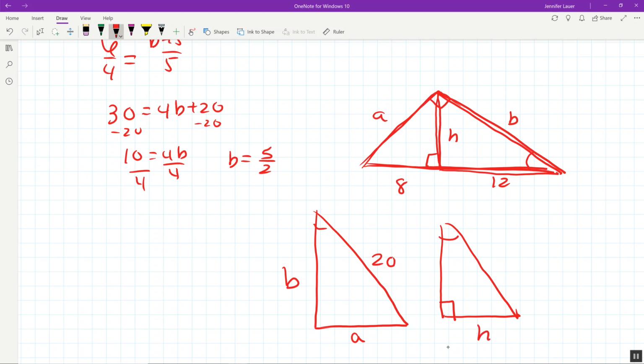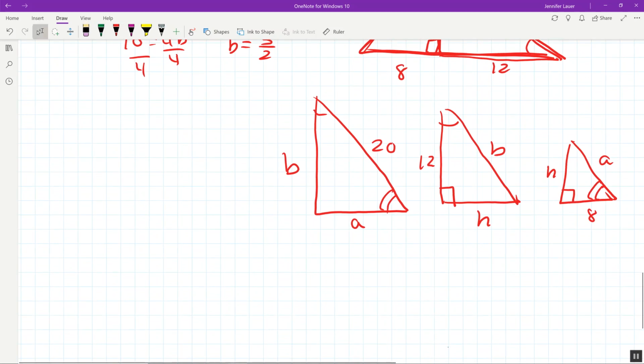So the bottom is H, and the back is 12, and this is B. And then the last one I'm going to do is this one. And then this is going to be matching one of this one is here. And that's going to be 8. There's your right triangle. That's H, and that's A.